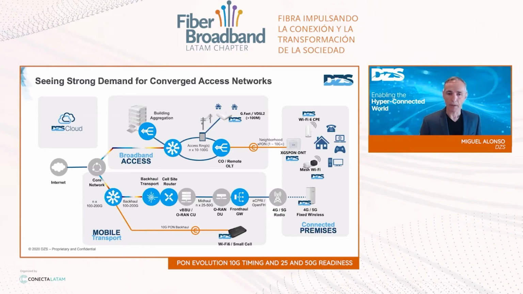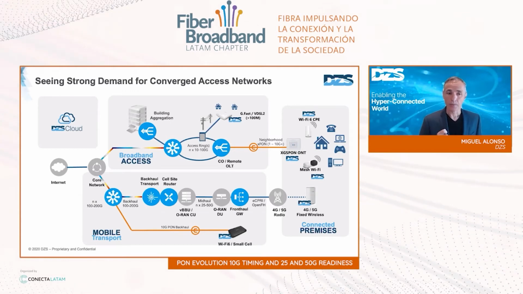In the lower part of the screen, I show you what we are doing with our mobile service provider customers worldwide, offering products that go from right to left, delivering capabilities for fixed wireless access, front haul, mid haul, and back haul. And in this case, we use a variety of technologies.